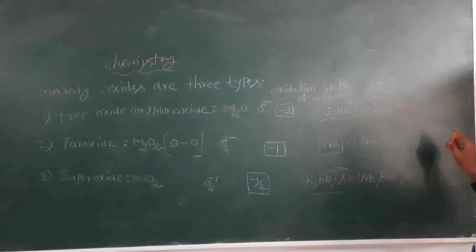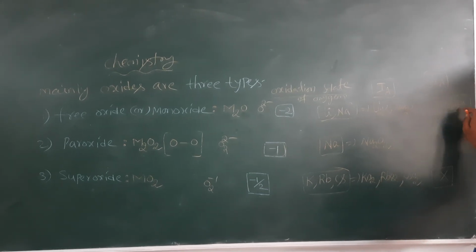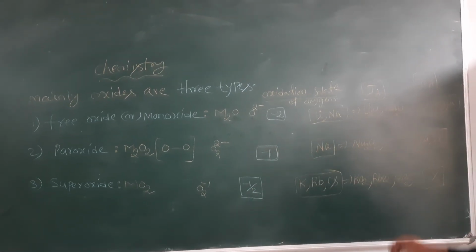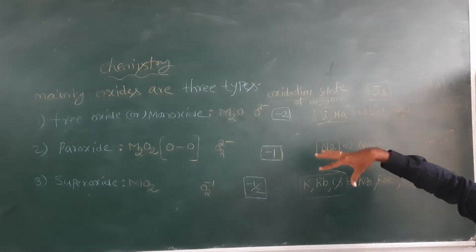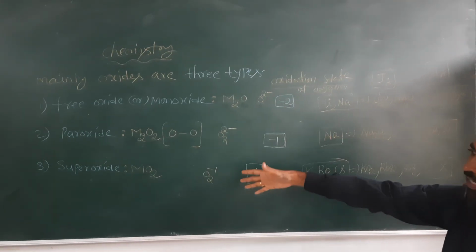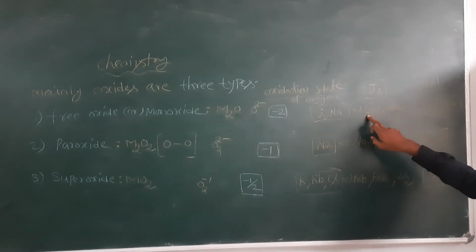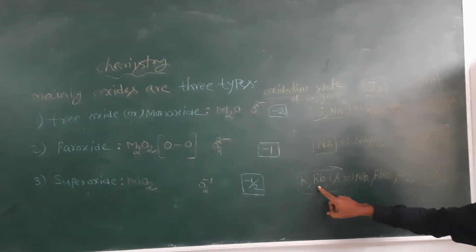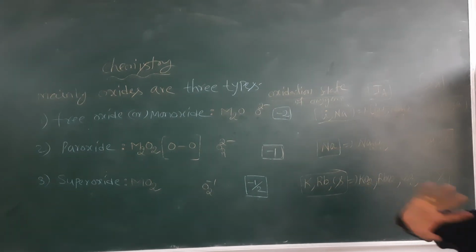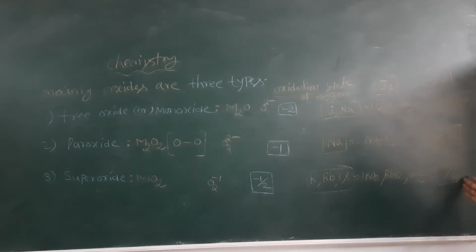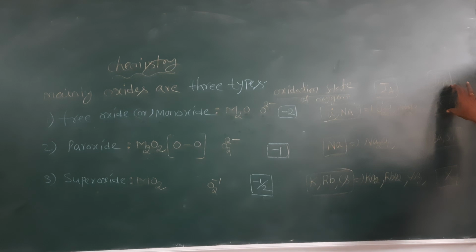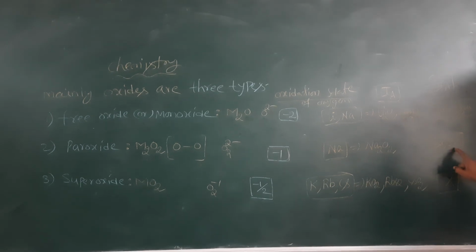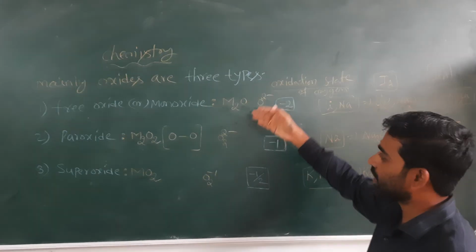Barium and strontium give peroxides. Very, very important concept: in the first A group, only lithium and sodium give monoxides, sodium gives peroxides, and potassium, rubidium and cesium give superoxides. In the second A group there are no superoxides; beryllium, magnesium and calcium give monoxides, and barium and strontium give peroxides.